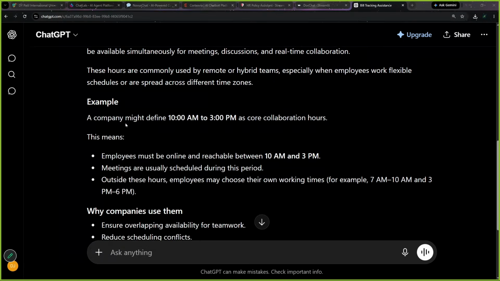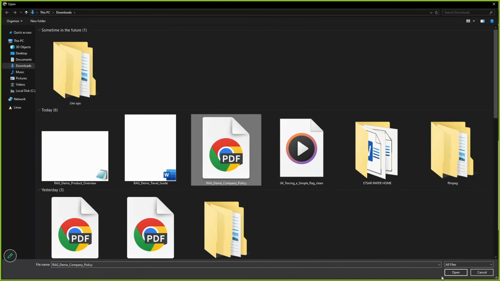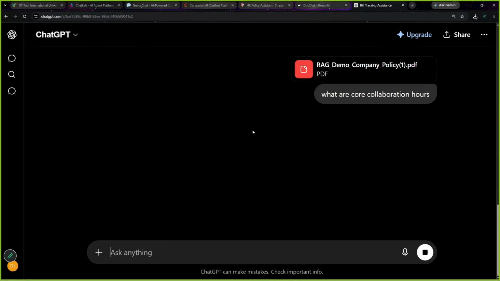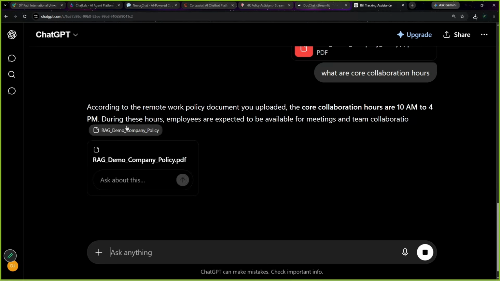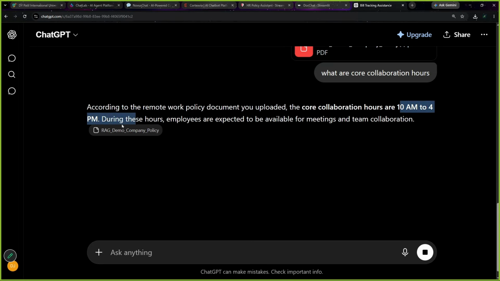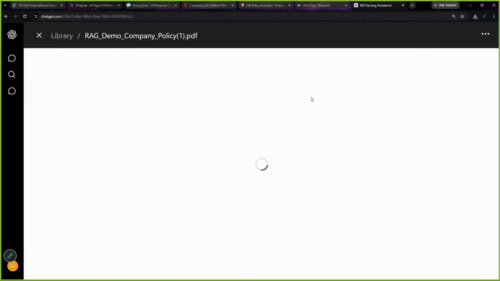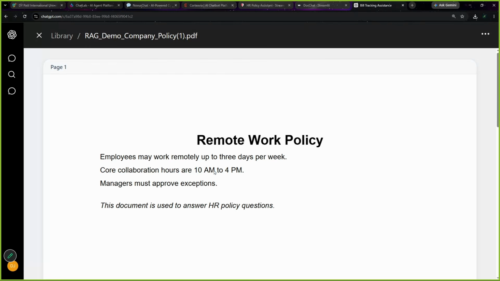But now, if I upload a PDF and ask the same question, let us see what response we get. See, 10 to 4 p.m. during these hours, and this is what was mentioned in this PDF as well. So what exactly is happening? We are extracting information from our documents. This is what RAG is.